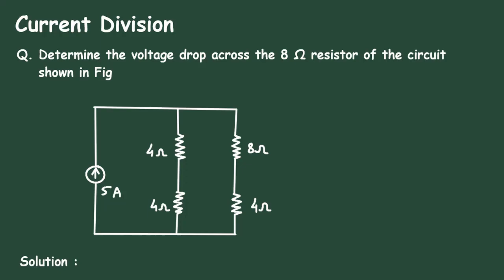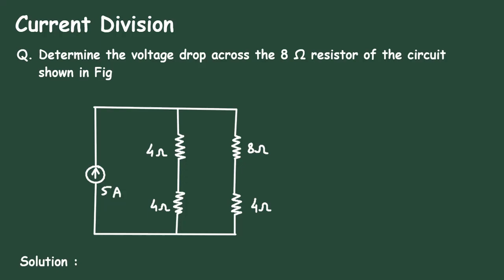The opposite branch resistance is 16 ohm divided by 16 plus 8. Now the value of I4 is known, it is 3 ampere. So 3 is equal to I multiplied by 16 divided by 24.